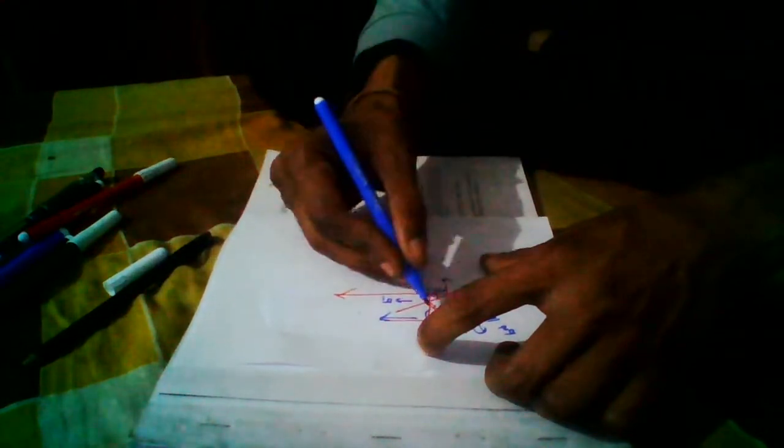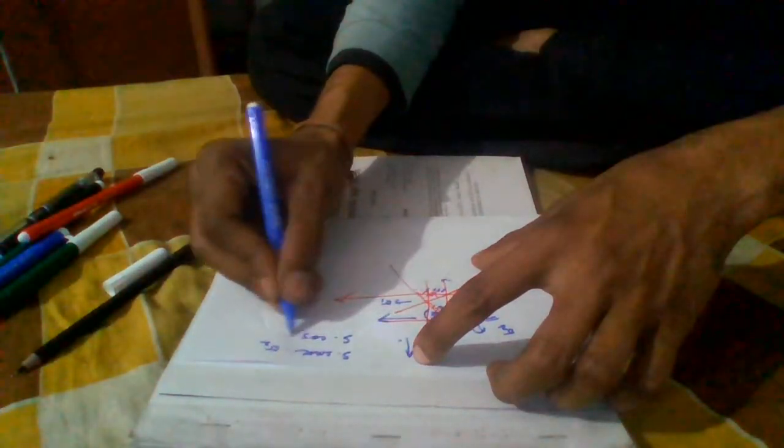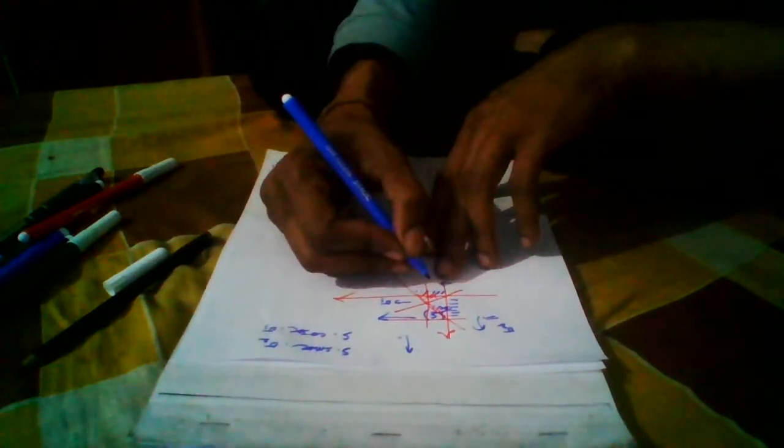So S into sine alpha into sigma 2 will be the perpendicular vector, and S into cos alpha into sigma 1 will be the horizontal vector in terms of the axis when the object is working like that.